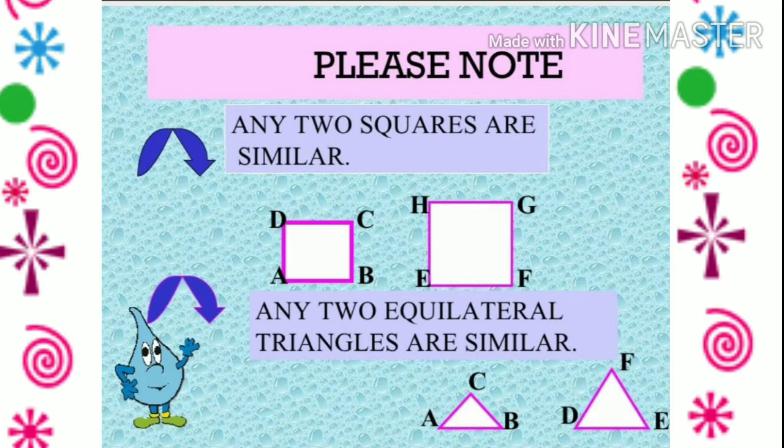So any two equilateral triangles are definitely similar. Same shape but not necessarily the same size. Are you all clear about the similarity? So similarity means figures that have the same shape but not necessarily the same size are called similar figures.